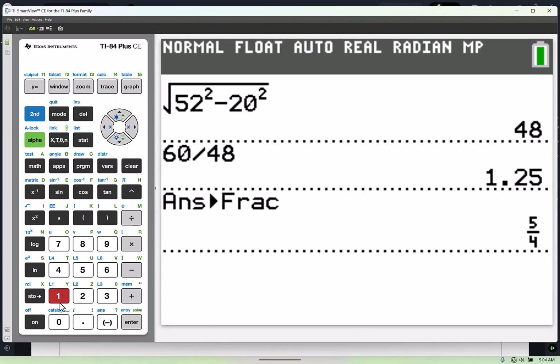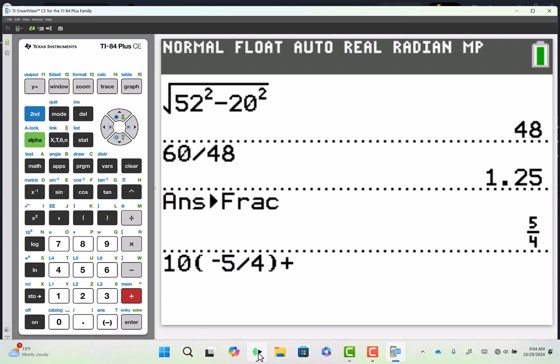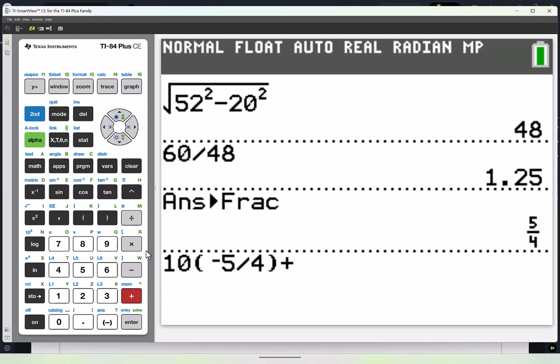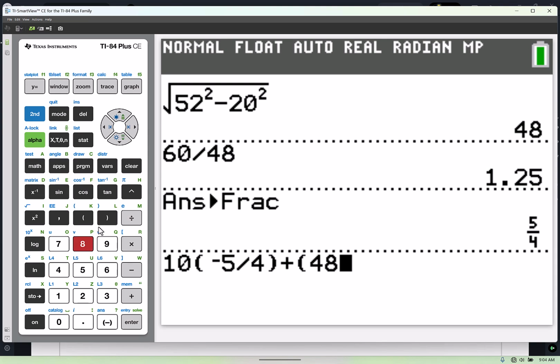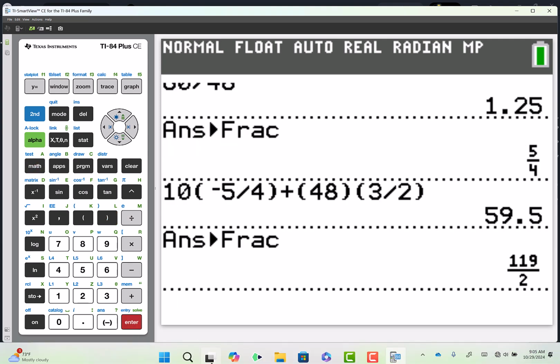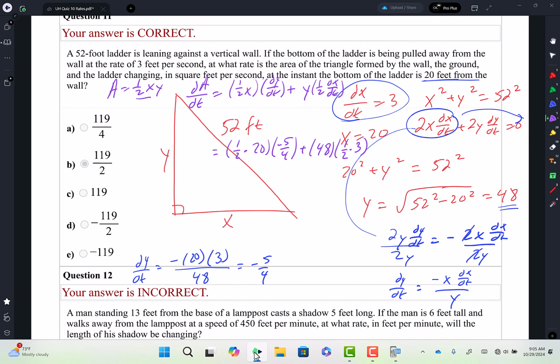So 10 times negative 5/4 plus 48 times 3/2. Math, fraction, enter. 119 over 2. Oh, this person got it right. Good job.